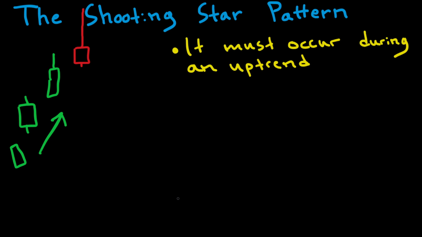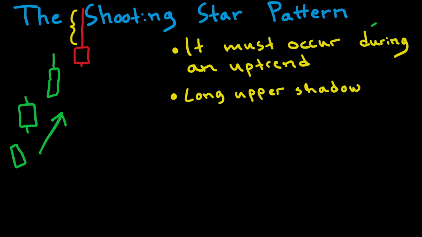So we can write it down. It has a long upper shadow, so that is this part right here. And by the way, if you are unfamiliar with any terms I'm using in this video, I have a video about some basic Japanese candlestick terminology, and we'll link it up in the corner. But it has a long upper shadow and little to no lower shadow.